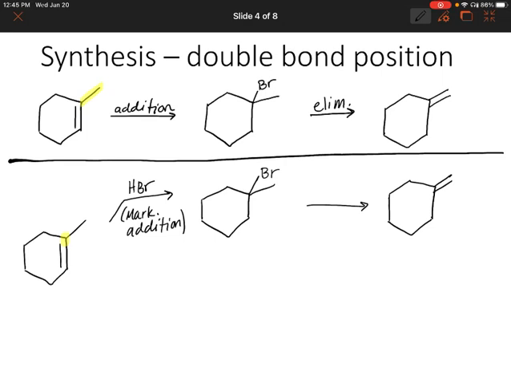And then how do we perform our elimination step? Which base should we use? So let's find our alpha carbon, and then let's find our beta carbons. Okay, and we want to try to take a hydrogen from the beta carbon on the methyl group. And how would we favor that?